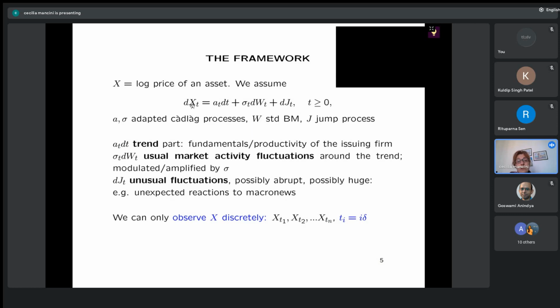We can observe the asset price discretely. For us, delta will be 5 minutes, not to incur, for instance, microstructure noises, which would make this model not proper.